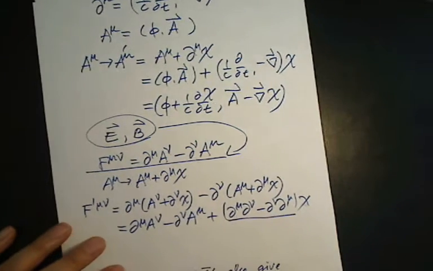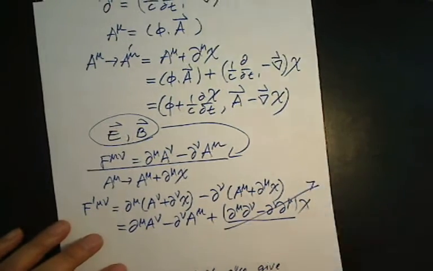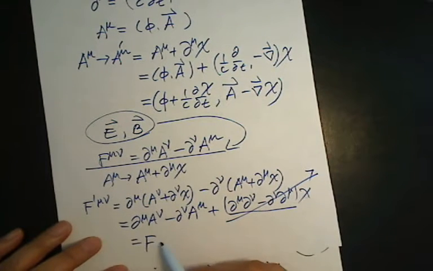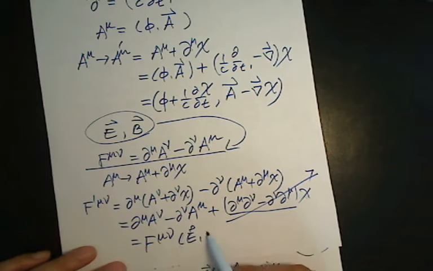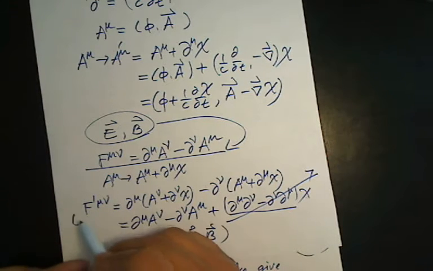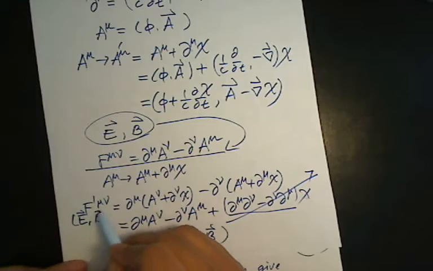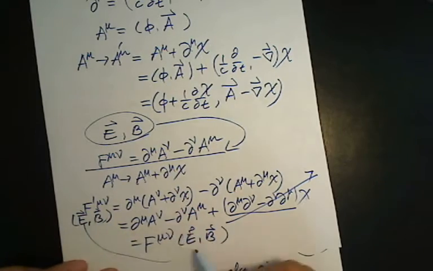You know the derivatives are commutative. There is this vanishing. This is exactly the same as the electric field and magnetic field. They are exactly the same.